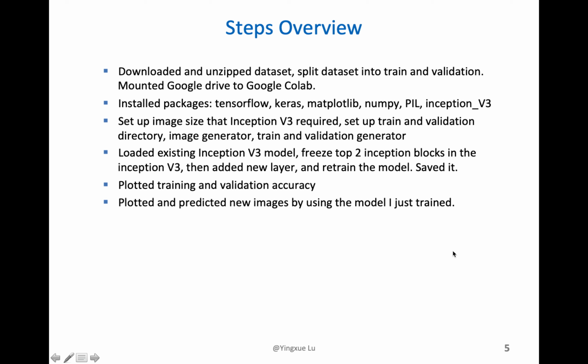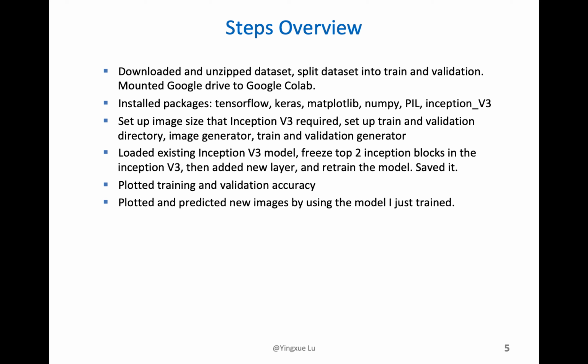Those are the steps that I took. I downloaded a relatively smaller dataset from Kaggle, and I split the raw dataset into 2 groups, which are the training dataset and the validation dataset. Then I mounted Google Drive with Google Colaboratory.